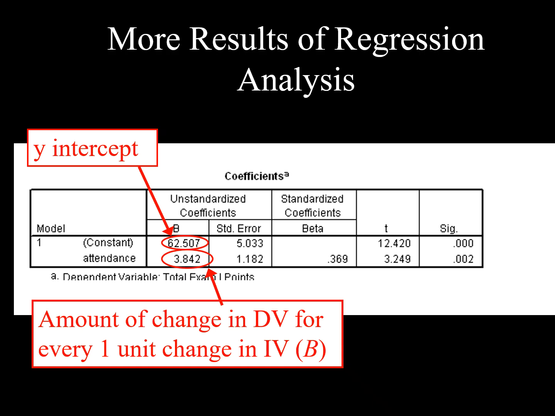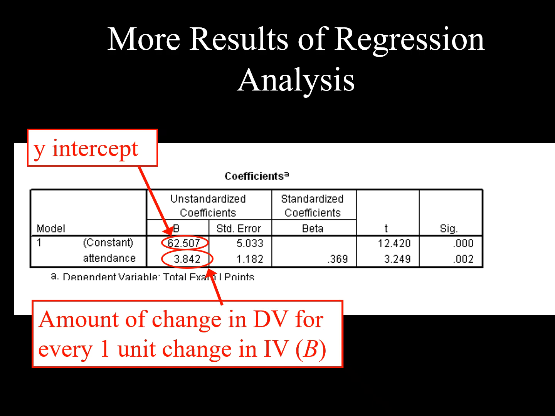The person that attended 0 times, we'd expect their predicted outcome to be a test score of 62.507. If they attended only once, we'd expect it to go up almost 4 points, to approximately a test score of 66. And likewise, if they attended twice, we'd expect it to be almost a 70, basically a C. If they attended 3 times, we'd expect them to be in that C range, a little bit over 70.